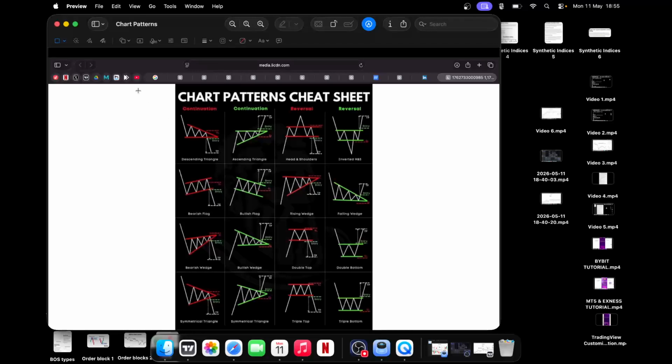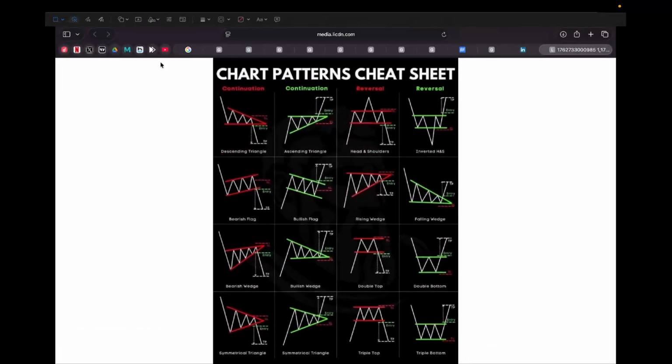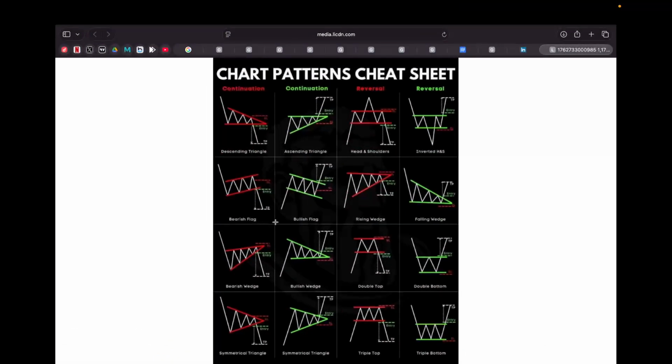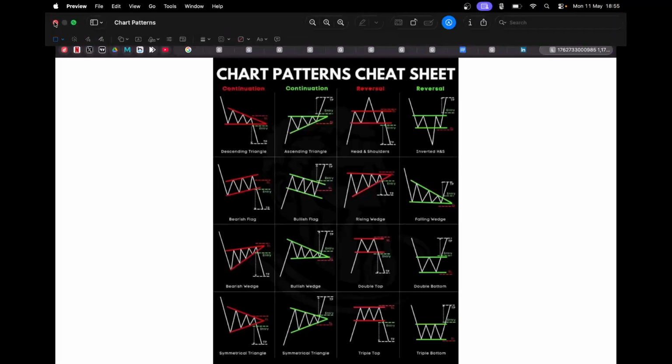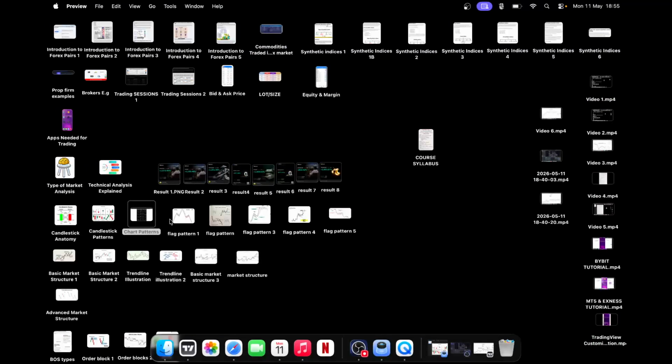For longing, look at the market rally up, then it was consolidating. Once it breaks above the consolidation line that you draw, you can be sure you are ready to long the market. So let's check more examples of the chart patterns.